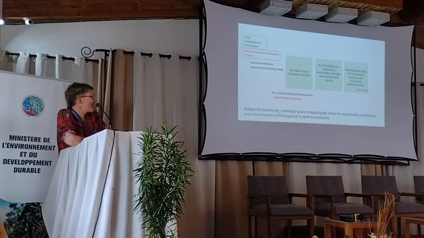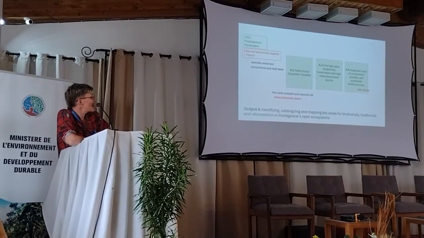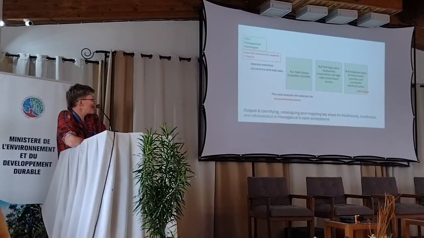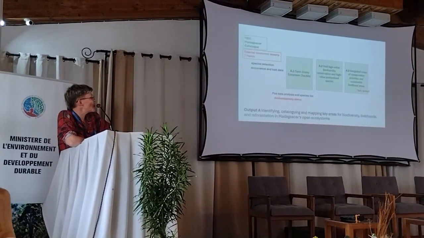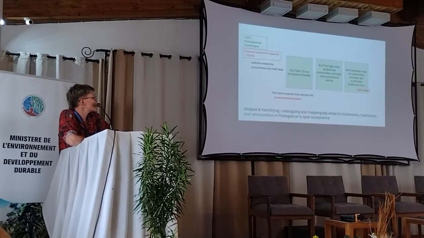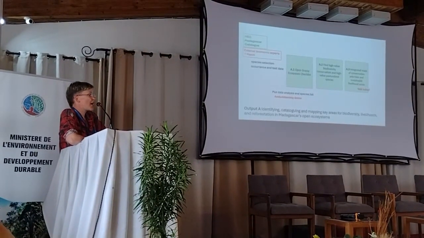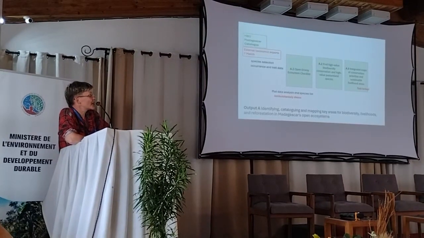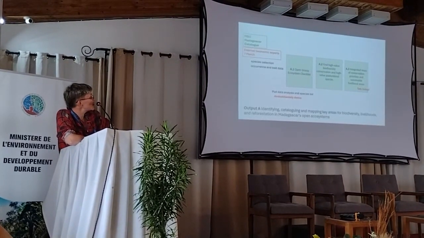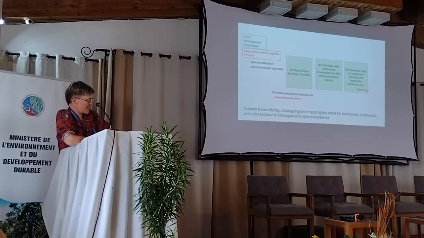So in output A, we're going to identify, catalogue and map the key areas for biodiversity, livelihoods and reforestation. And the Missouri Botanical Gardens today will present the Madagascar catalogue.